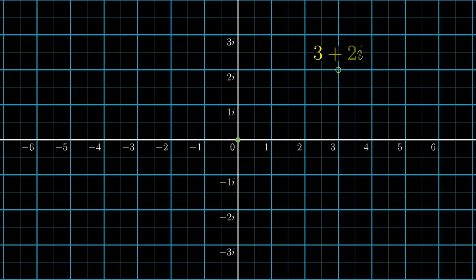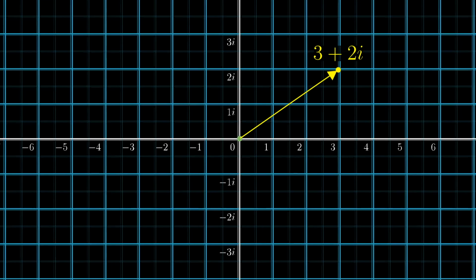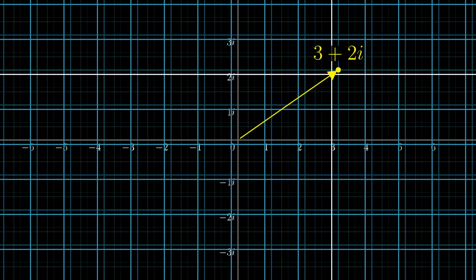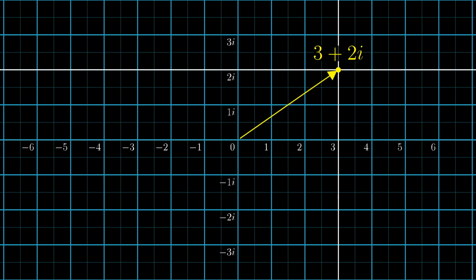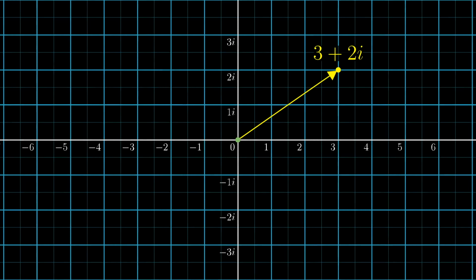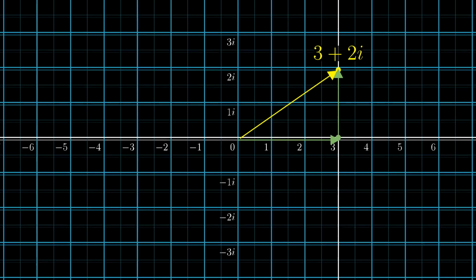The point over here at 3 plus 2i would be associated with the action of sliding the plane in such a way that drags 0 up and to the right to that point. And it should make sense why we call this 3 plus 2i. That diagonal sliding action is the same as first sliding by 3 to the right, and then following it with a slide that corresponds to 2i, which is 2 units vertically.